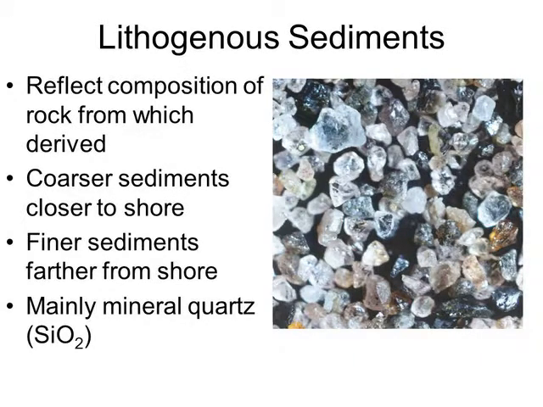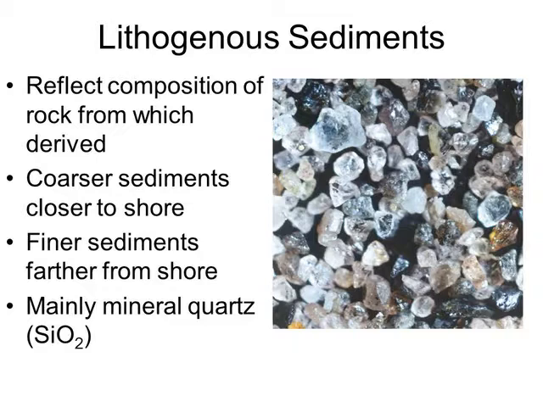Generally, lithogenic sediment is comprised mainly of quartz, so silicon oxide. This is mainly what a lot of the land material is made out of. When you look at a close-up of soil that's derived from mountains, you will see a lot of quartz minerals.